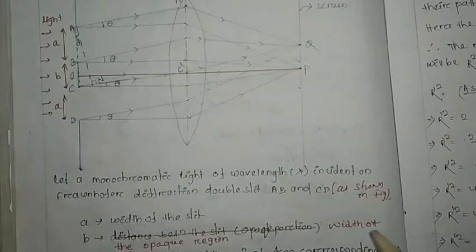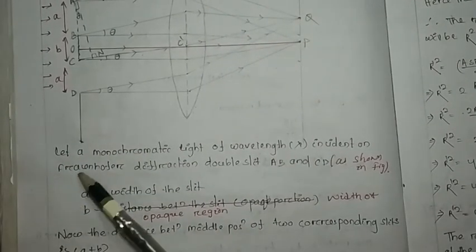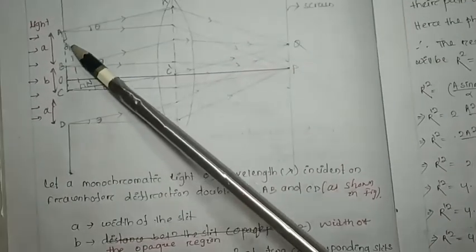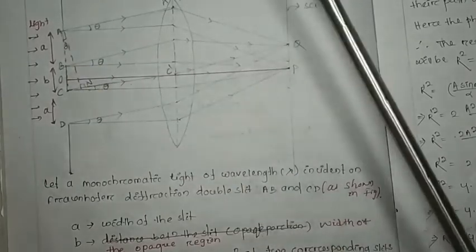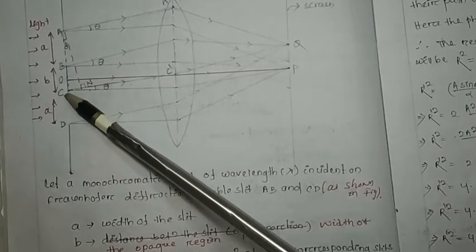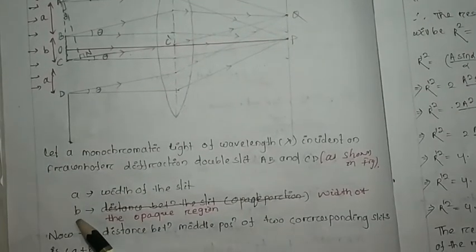Here a small a is taken as the width of the slit. AB is the width of the slit, CD is also the width of the slit, and b is the width of the opaque region.